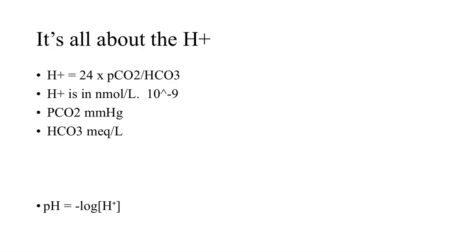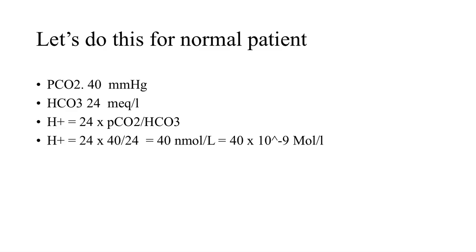And pH, as we know, is negative log of H plus ions. So let's do this for a normal patient. That means any of us. We should probably not call ourselves patients, but okay. We know the normal bicarb is 24, normal PCO2 is 40.